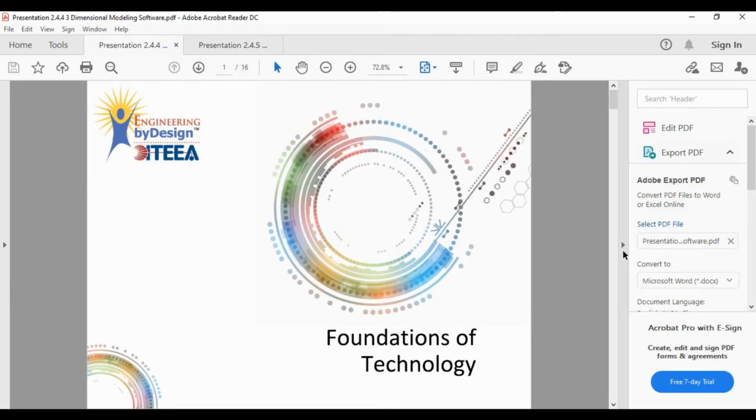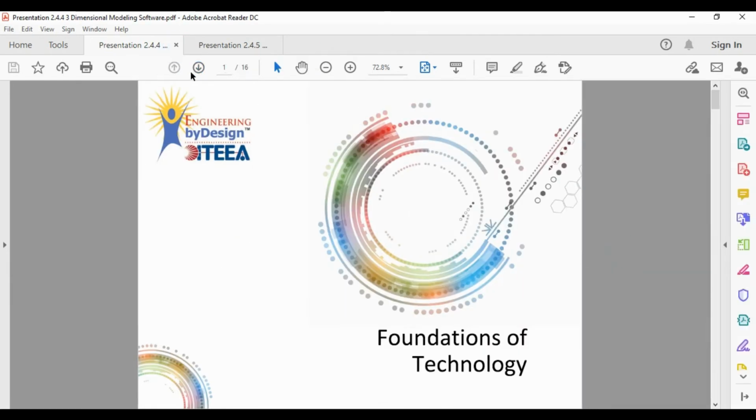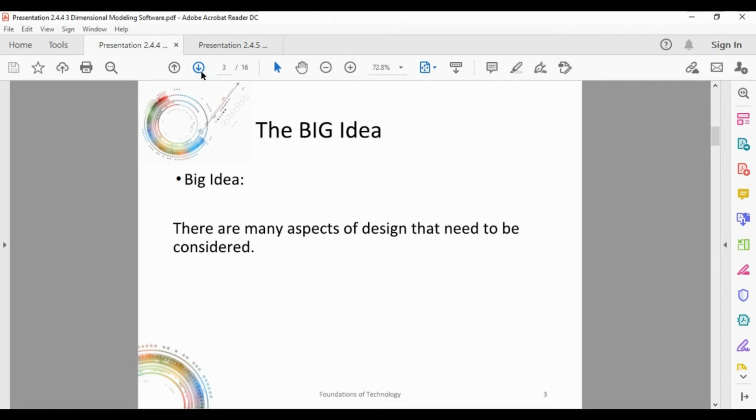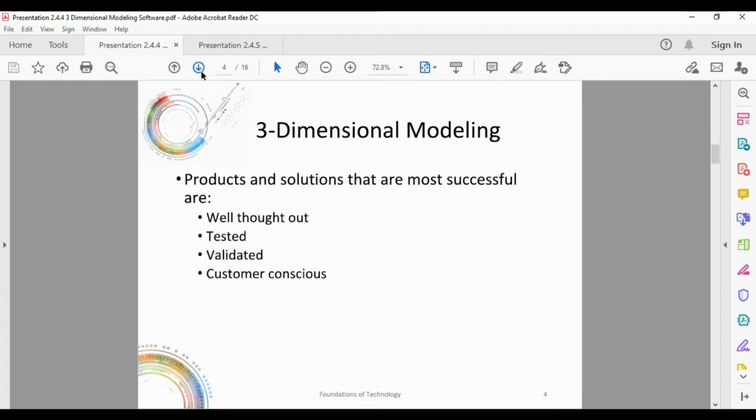All right. This next one, I will post this in the classroom because there are some links about the 3D modeling software. But I do want to point out, before you get into three-dimensional modeling, you really need to think through what you're going to be doing.